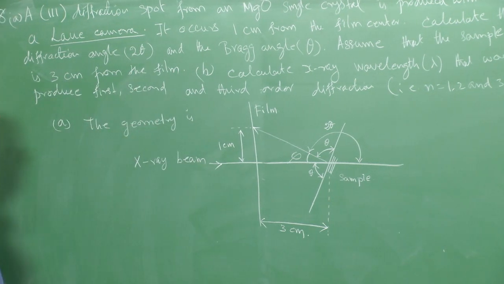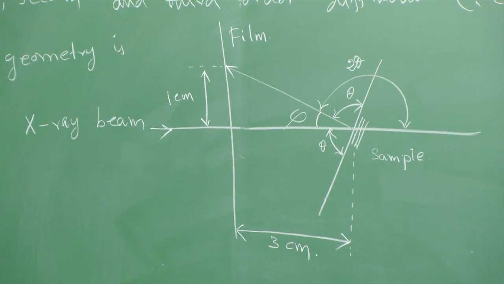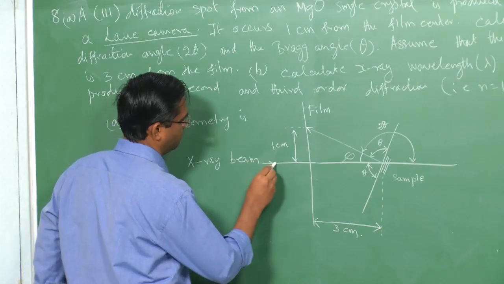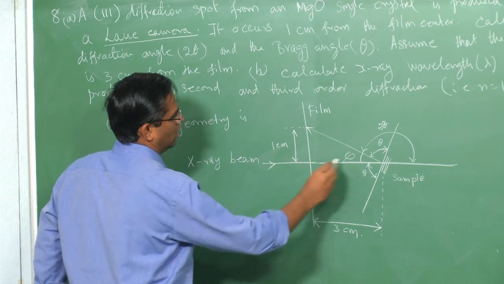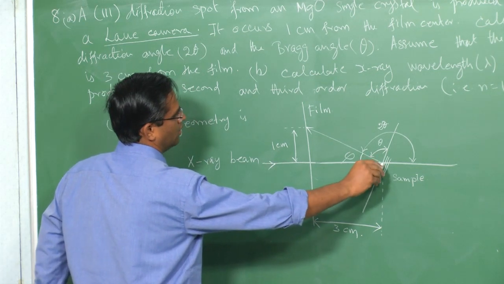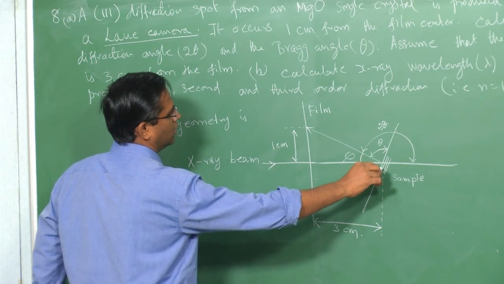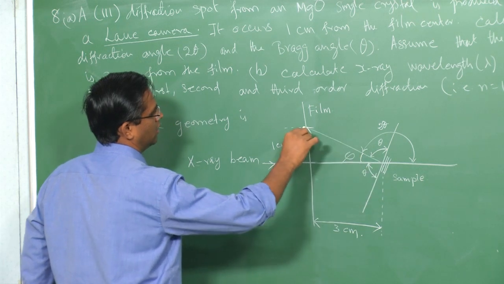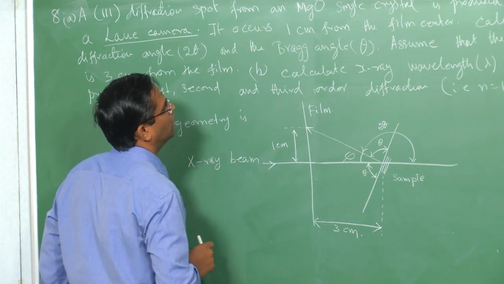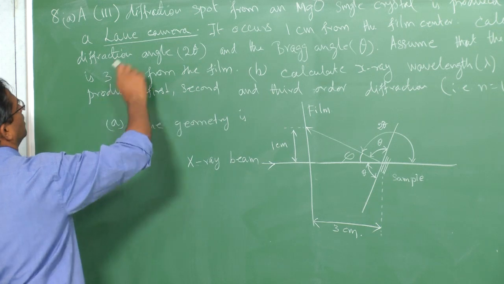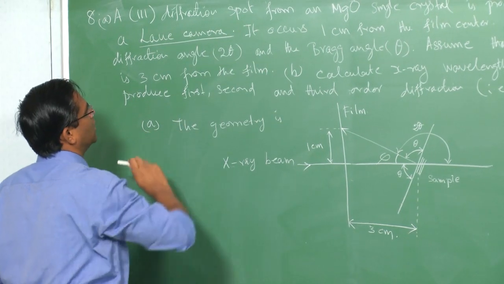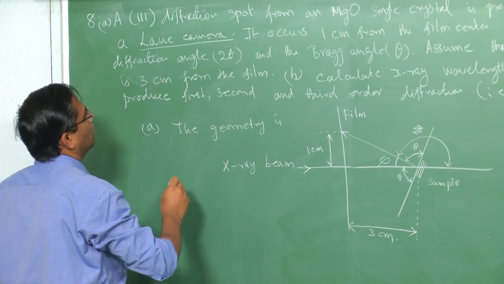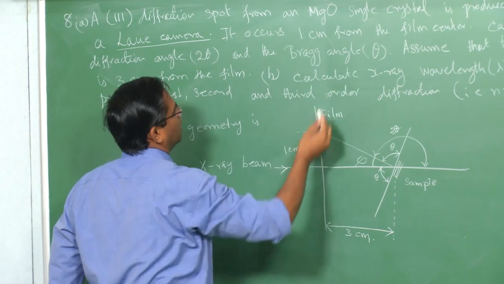So, this is the geometry. This is the X-ray beam reaching the sample here, and this is the diffracted spot, and that is what is given here, diffraction spot from the crystal. It occurs at 1 centimeter from the film center.